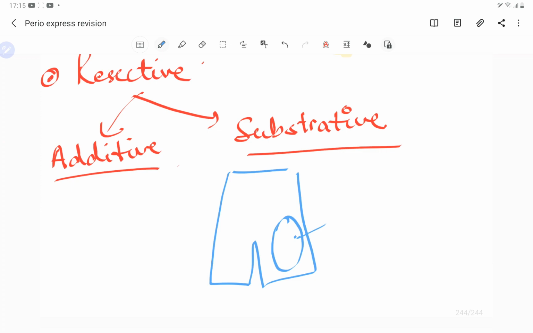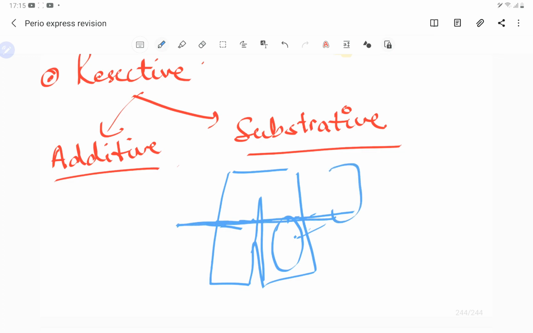So, guys, what we do is I take it to the tailor and tell him to shorten the jeans. I ask him to cut this part and make it a jean short, right? So this is subtractive. That means subtracting or removing, but it is for the betterment, because otherwise I cannot wear this burnt, big-holed jean. If I make it a short, at least I can wear this short pant.